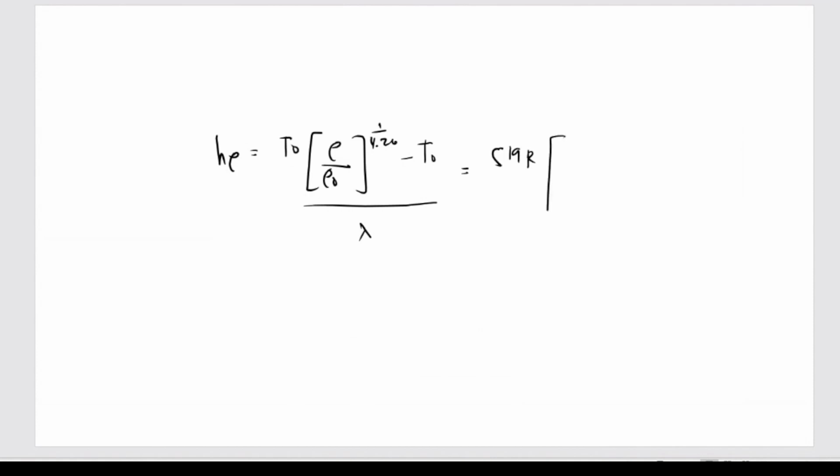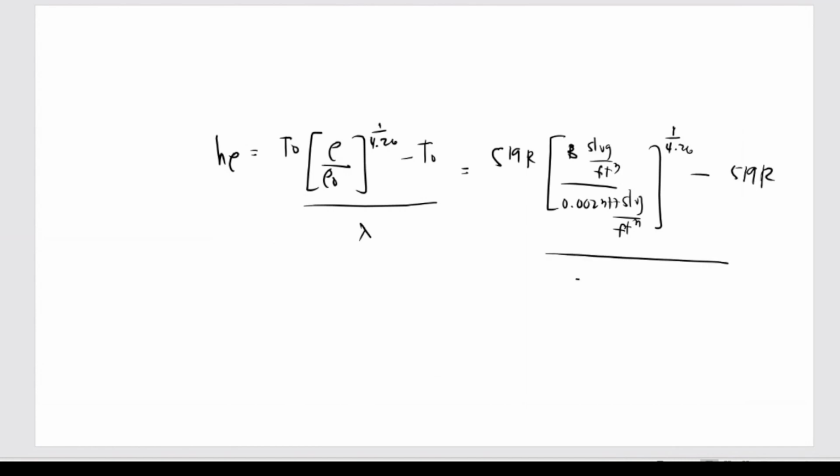So, that is 519 Rankine times store B slug per feet cube over 0.002377 slug per feet cube raised to 1 over 4.26 minus 519 Rankine, over negative 0.003566 Rankine per feet. So, cancel ang Rankine. Meron kang units na feet for density altitude.